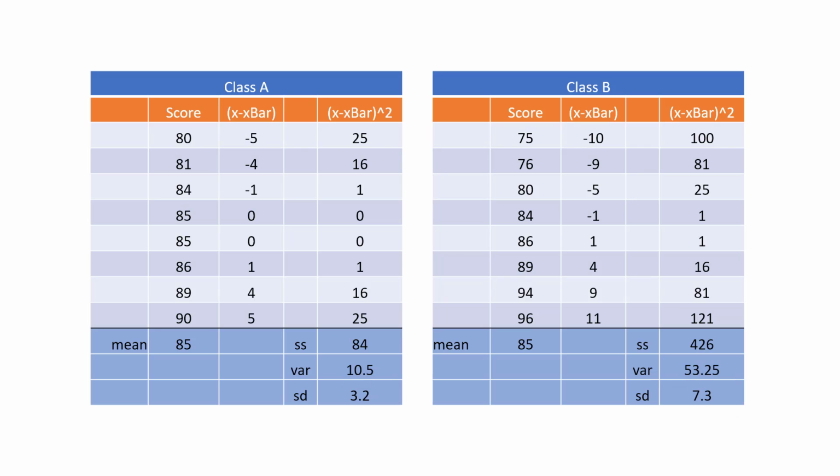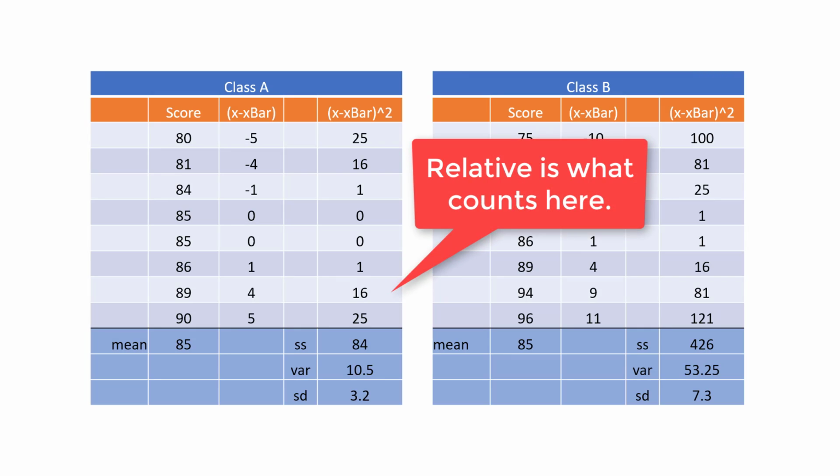If you were in Class A and scored an 89, you were more than one standard deviation away from the mean, whereas in Class B, your score of 89, the same score, was only about half a standard deviation away from the mean. Another way of putting this is to say that your score of 89 in Class A was further from the mean relative to all the other scores than it would have been in Class B.